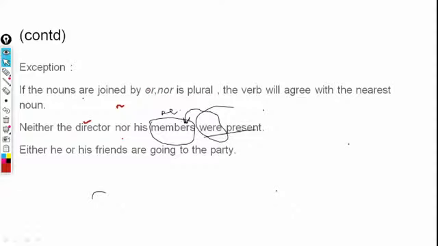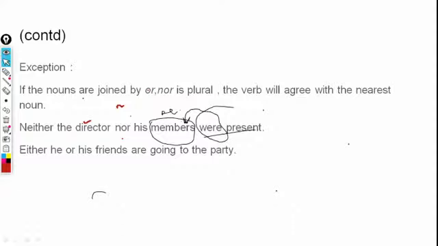Verbs always follow the nearest noun or pronoun. In the last point, what I said is to remember that the verb will be connected to the nearest noun or nearest pronoun, regarding you, he. But here, regarding either and neither, the point is that if one of them is a plural noun, our verb will be plural also, because this plural one is the nearest to the verb.